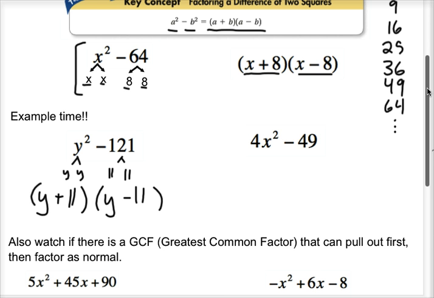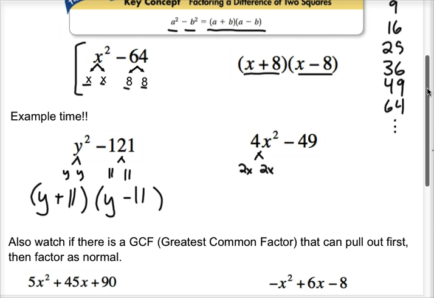Looking at the next one, now this time the x squared has a number with it, but that is okay because notice what that number is, a 4, and then I see a 49. Both of those are perfect squares, so the difference of squares is definitely in my mind for this one. I look, so the 4 breaks down into 2, and the x squared breaks down into x.